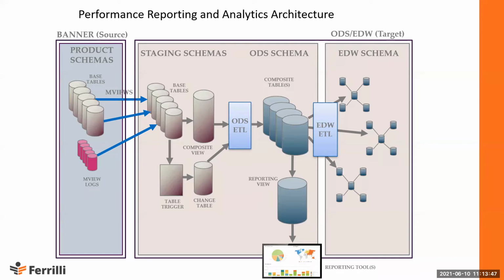And that returns a set of rows just for that ID, which are reinserted back into the composite table. So at 1,000 feet up, that is how refresh technology works. That is applying only what has changed in Banner over into your ODS to keep your ODS in sync with Banner and only apply just the changes.